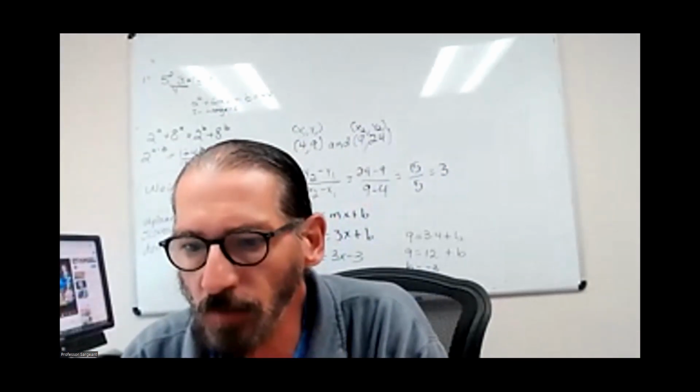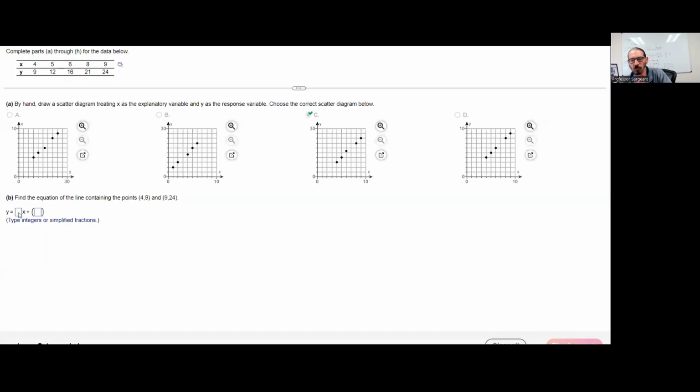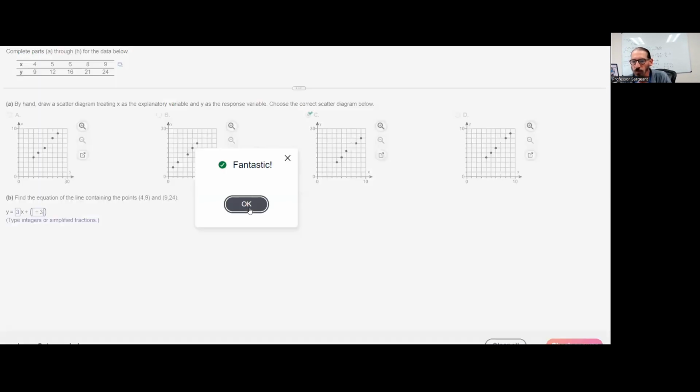However, let's see what options we were given on my lab. They had that as a plus sign, so I don't have a choice. 3x, they already have the x there. So just type the slope in front of the x, and then the y-coordinate of the y-intercept is -3.